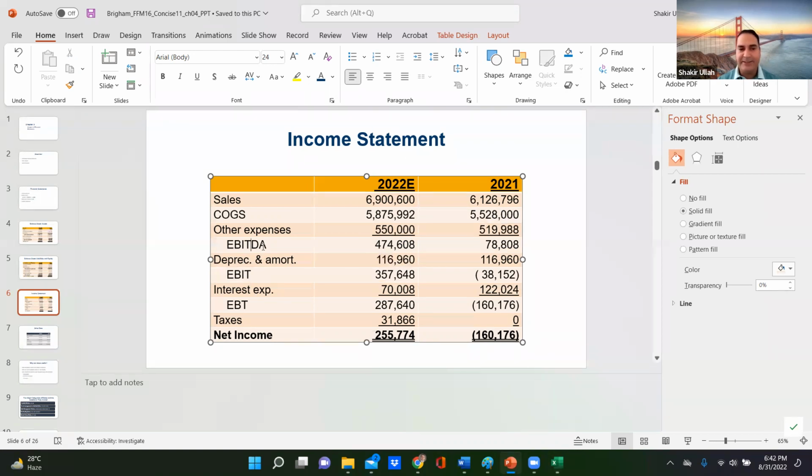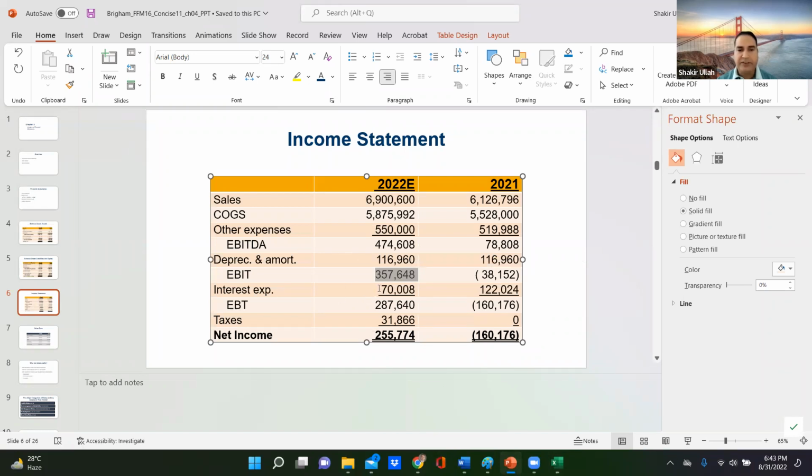Okay, DA is no more here. And this EBIT, which is called earnings before interest and taxes, is often also called operating profit. So if you hear operating profit in the question, and it has given you EBIT, that means it's the same thing. And why do we call this operating profit? Because this profit is a result of our operations. Okay.